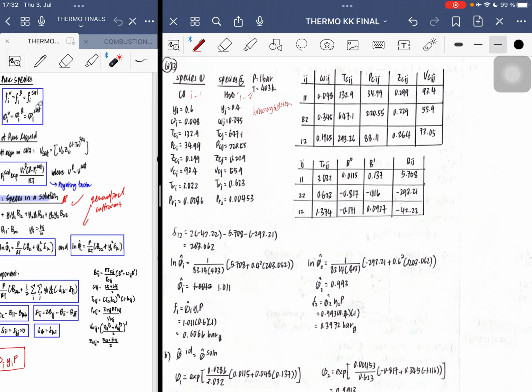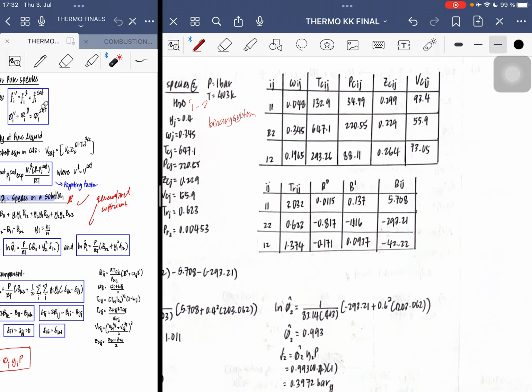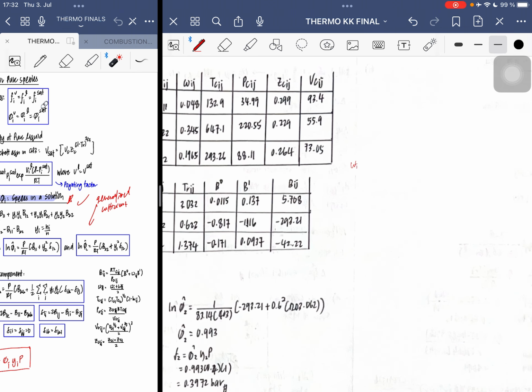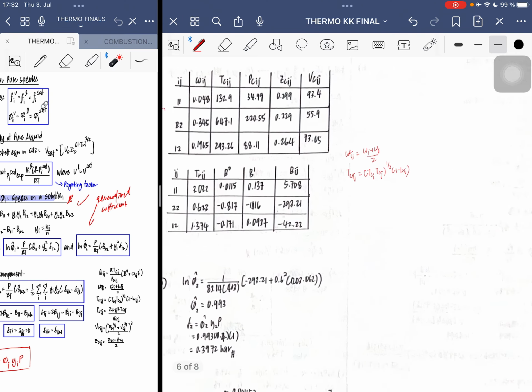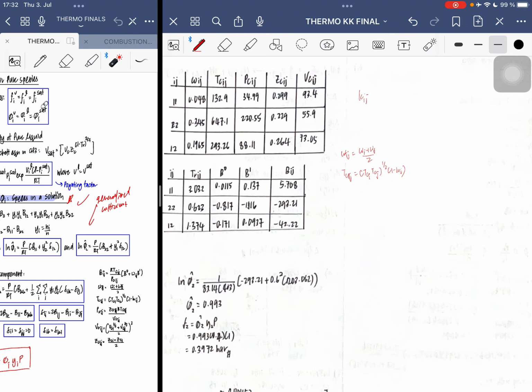So here, ωij is (ωi + ωj) over 2. Tcij is (Tci times Tcj) to the power of 1 over 2. If the question didn't specify, you can safely assume kij as 0. Really important.